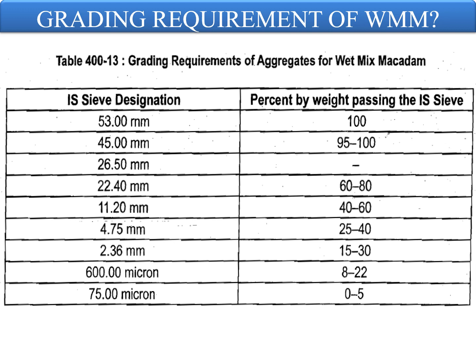Percentage passing on the 53 mm sieve is 100%, on the 45 mm sieve it is 95 to 100%, on the 22.4 mm sieve it is 60 to 80%, on the 11.2 mm sieve it is 40 to 60%, on 4.75 mm it is 25 to 40% passing, on the 2.36 mm sieve it is 15 to 30% passing, on the 600 micron sieve it is 8 to 22% passing, and on the 75 micron sieve it is 0 to 5% passing.